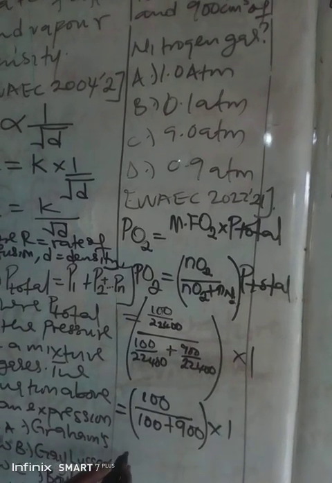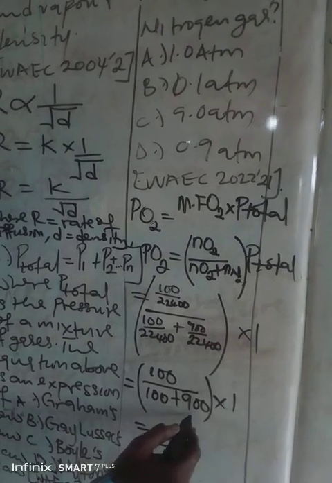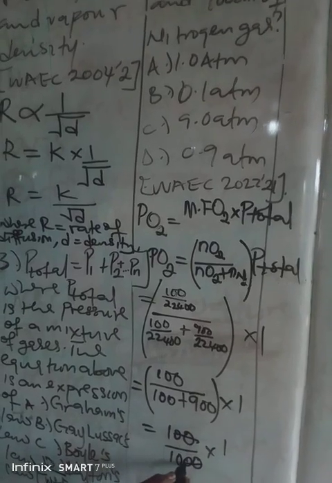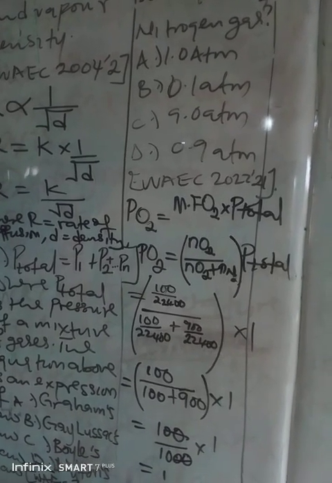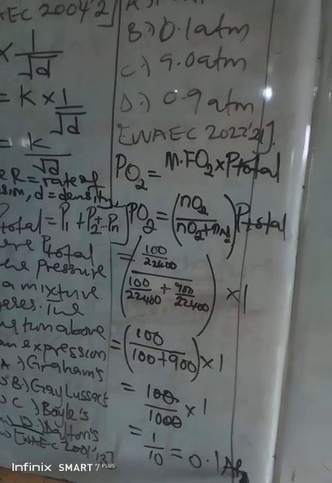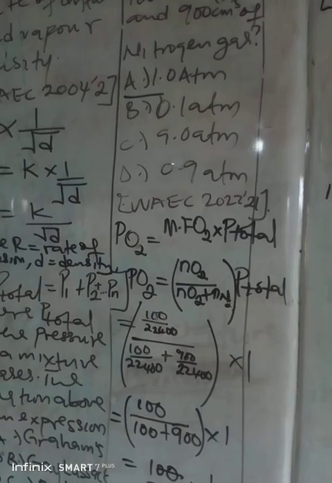So what do we have here? 100 over 1000, times 1. So the zeros cancel here. We have 1 over 10, which is 0.1 ATM. That's option A. Is it B?